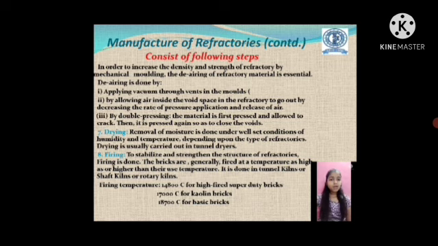Second, by allowing air inside the void space in the refractory to go out by decreasing the rate of pressure application and release of air. Third, by pressing the material down first and allowing it to crack, then pressing it again so as to close the voids.